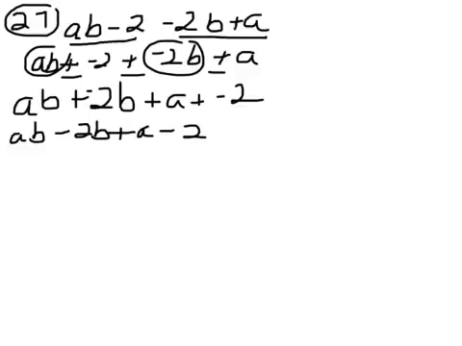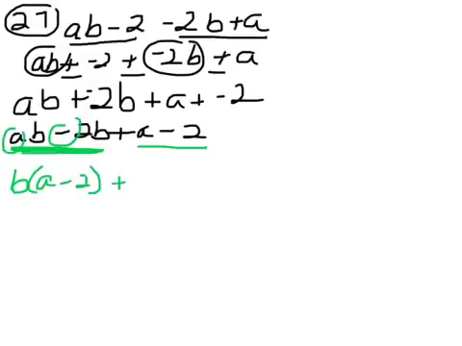Now, how did that help me? If I group it, out of the first pair of terms there's a B that I can pull out. If I divide a B out, I'm left with A minus 2.